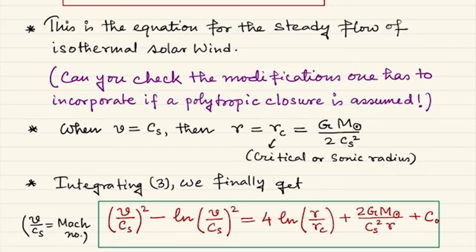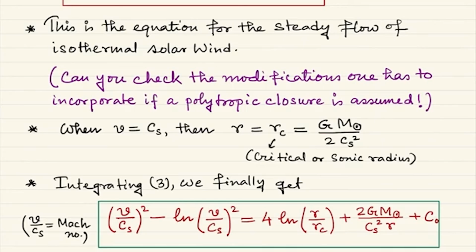Of course, when we talk about supersonic or subsonic, all are with respect to the isothermal sound speed. In general, whether this is really supersonic or subsonic, you have to determine with a proper polytropic closure.